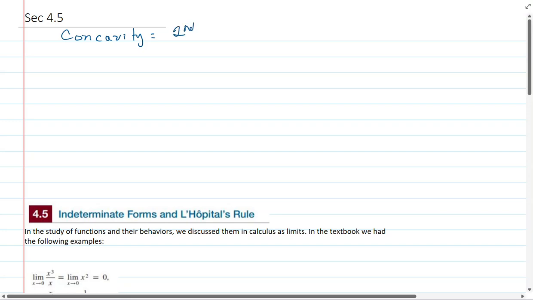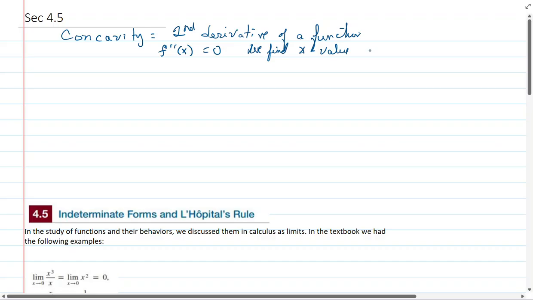The second derivative of a function, if we set f double prime of x equal to 0, we find the x value of the inflection point.